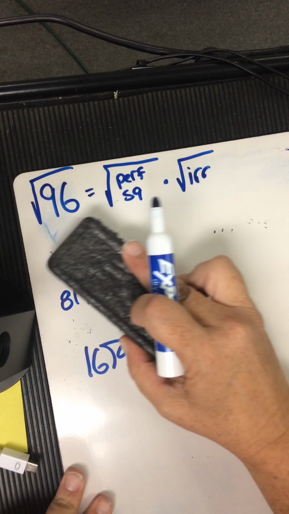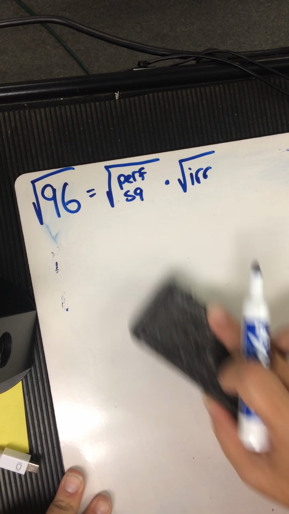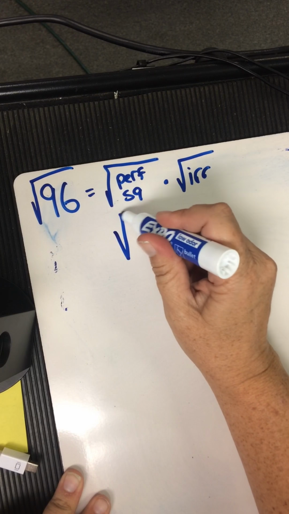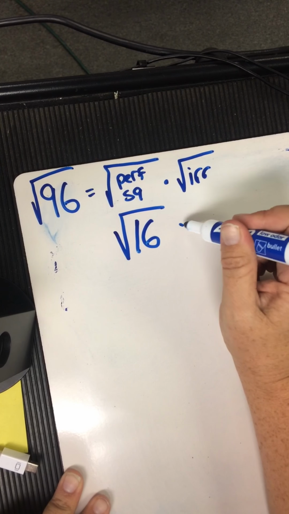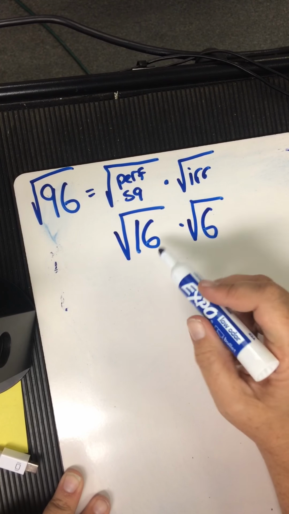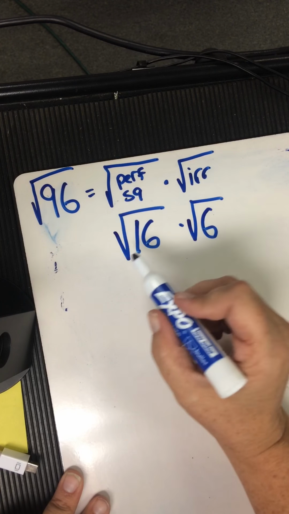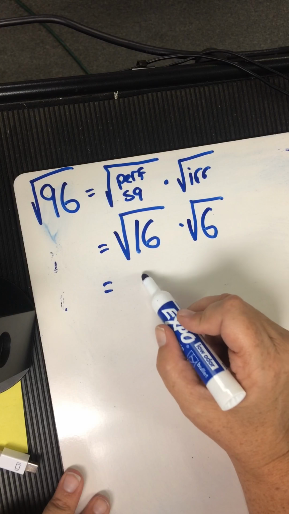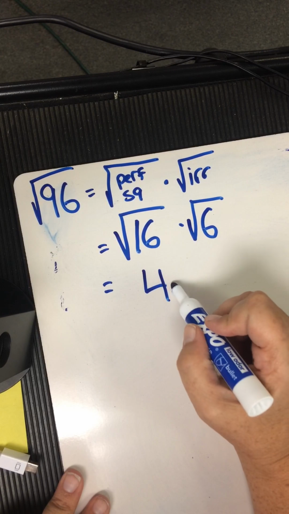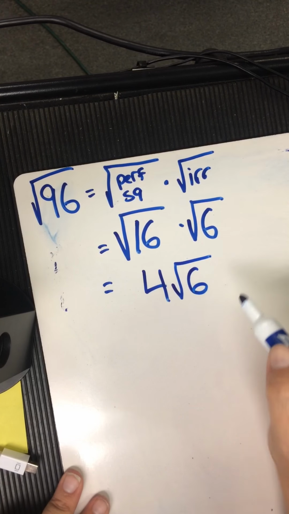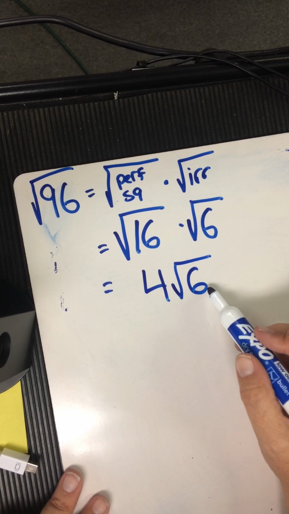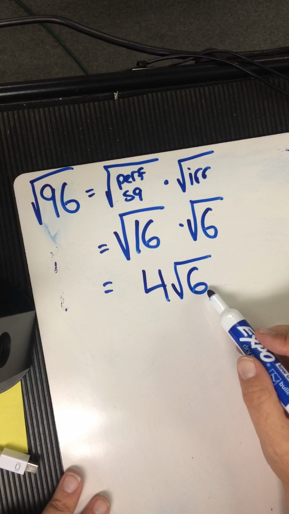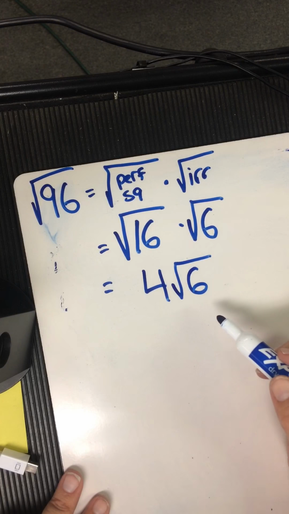So for my perfect square, I'm going to use 16. And then 6, because 16 times 6 is 96. Now I want to simplify the perfect square into an integer and keep the irrational number. And then as a final step, does 6 have any factors that are perfect squares? No, it does not.